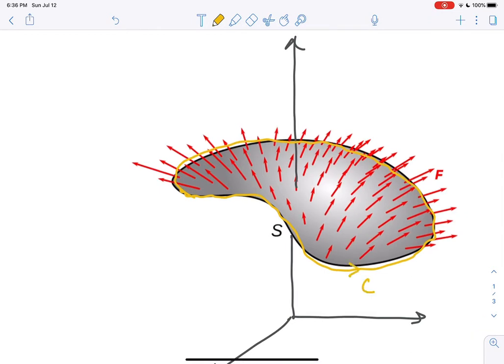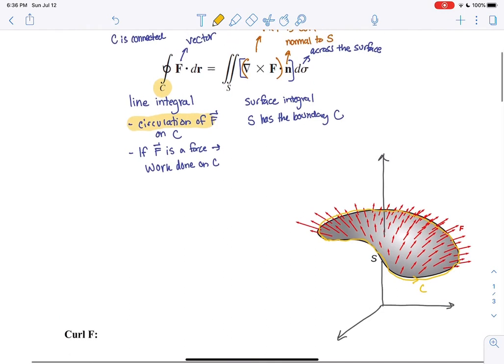The boundary is a simply connected curve that we could call C. What Stokes' theorem is saying is that the line integral along the boundary of this surface, along this curve, is equal to the surface integral of the curl of the vector field across this surface. Let me say that one more time.